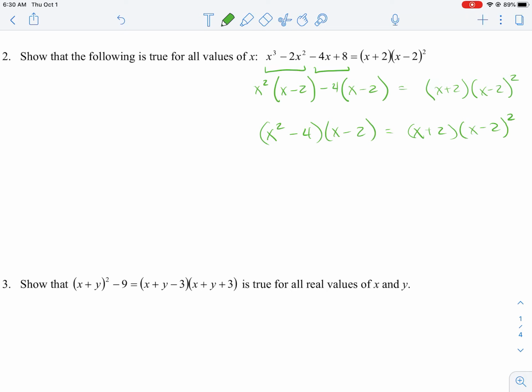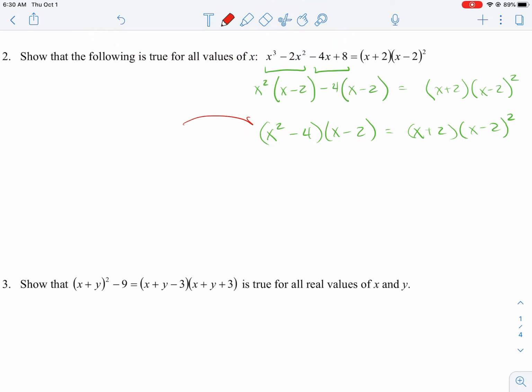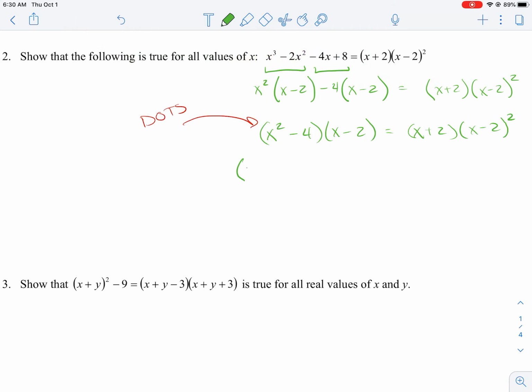Now, if you haven't picked up on it already, right here is a dots problem, which means we can separate this into x plus 2, x minus 2 is equal to x plus 2, x minus 2 squared.